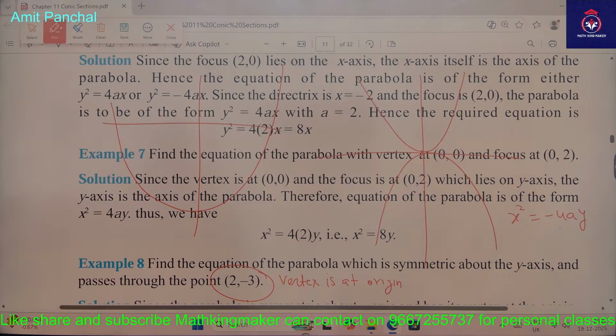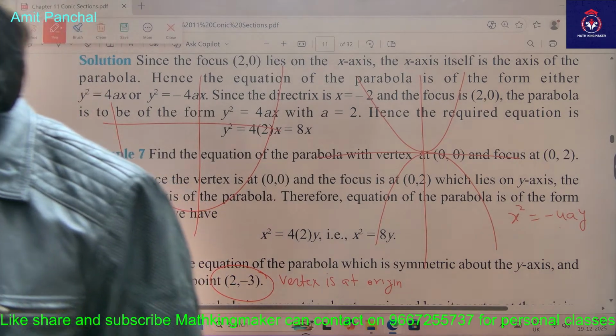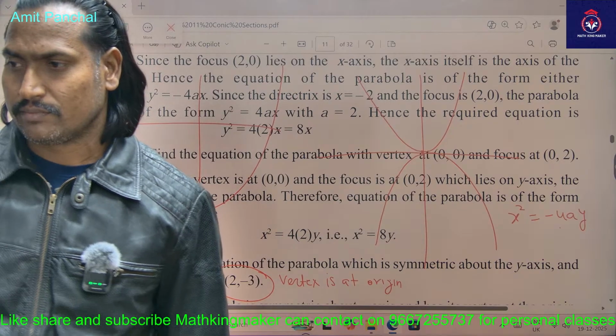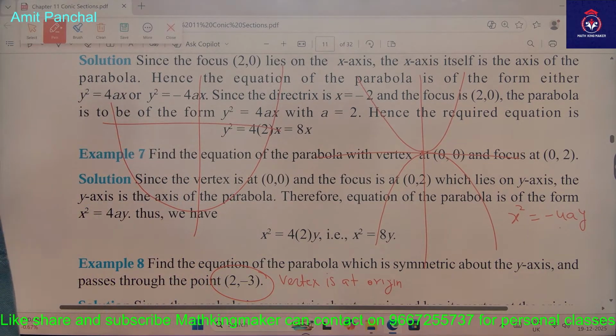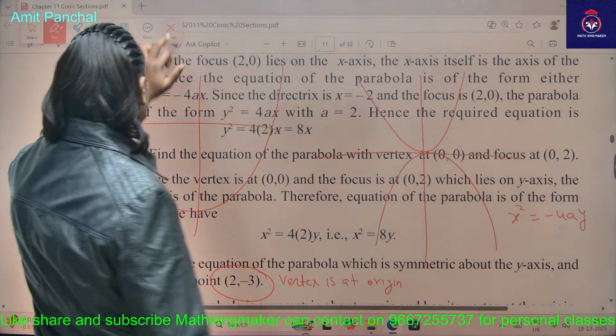So 4 equals 4a times 3, so a equals 1 by 3. So the equation is x squared equals minus 4 by 3 y, or 3x squared equals minus 4y, right? Yeah, that will be the right equation of the parabola.